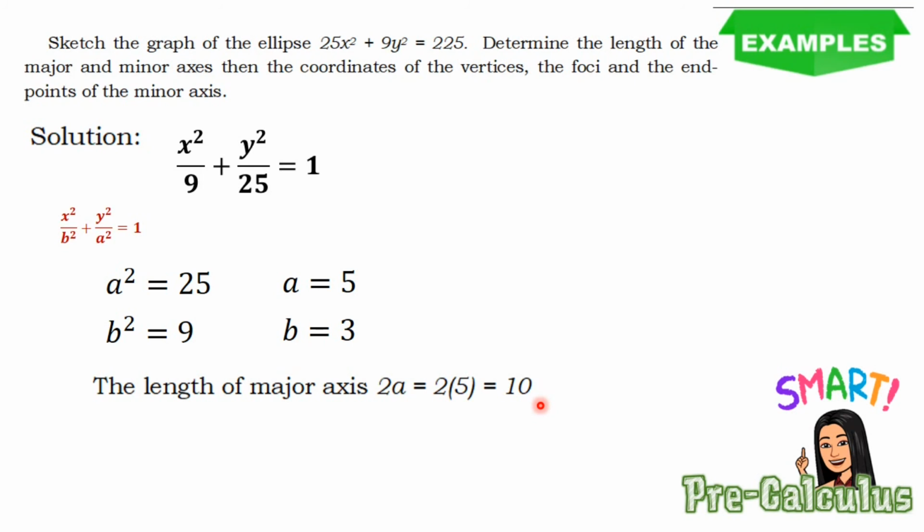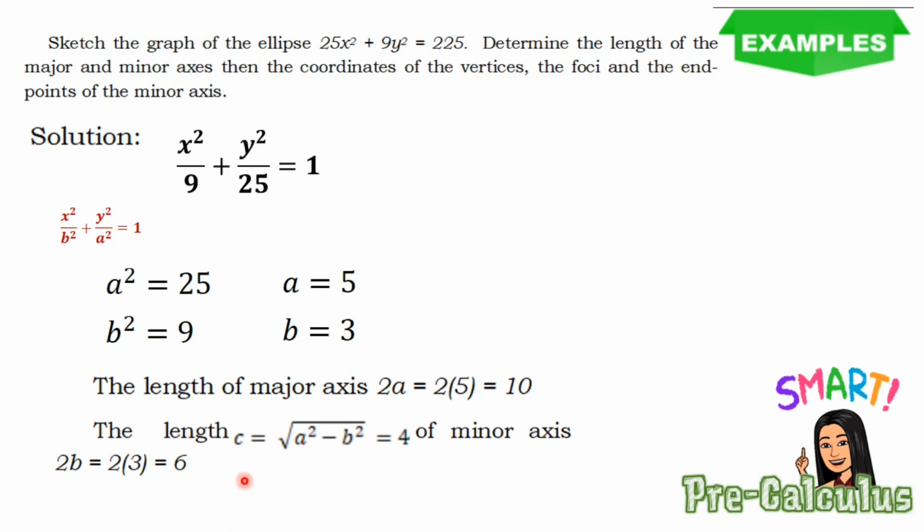So, for us to get it, let us compute. C is equal to the square root of A squared minus B squared, which is equal to 4. So, therefore, letter C is equal to 4. And for us to get the length of the minor axis, we need to multiply this letter B here by 2. So, 2 times 3 is equal to 6. Our major axis is 10 and our minor axis is 6.